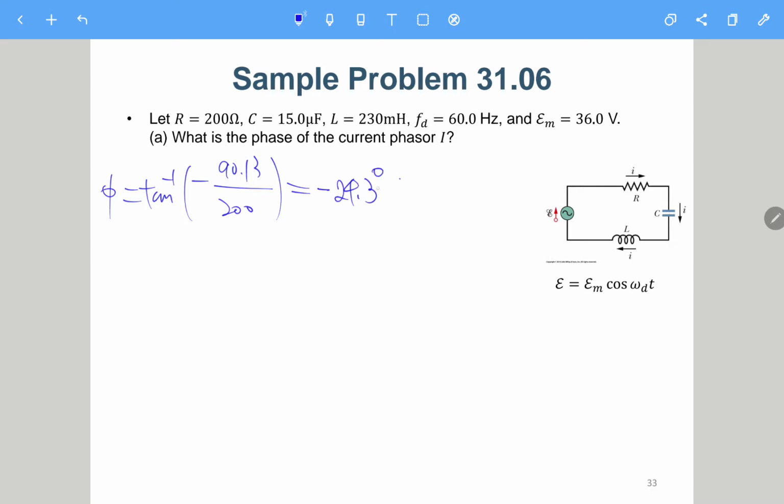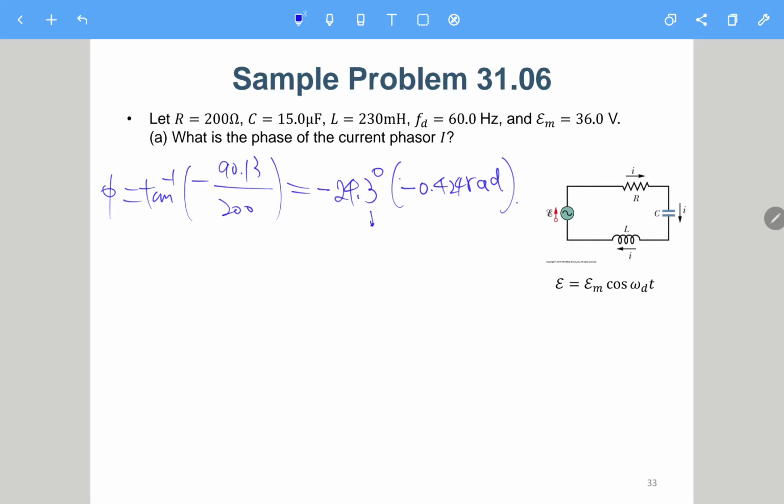Or you can write it as negative 0.424 radian. So you just divide it by 180 and then multiply by pi, then it will become the radian. Okay, so this is the phase.